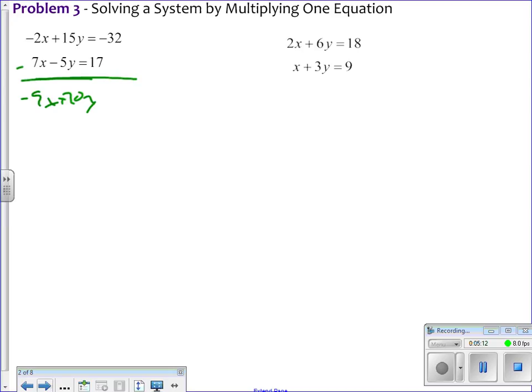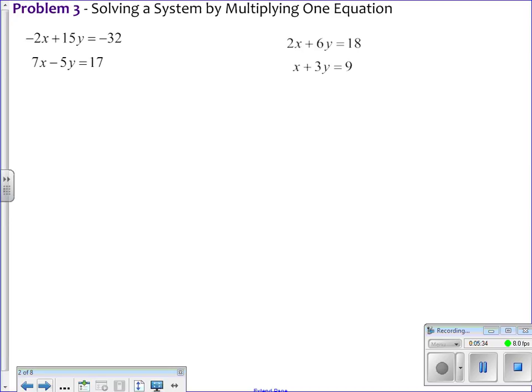Doesn't mean we can't do elimination. Doesn't mean we need to do substitution. And I'm going to tell you, substitution on this would be really bad. Because if I solve for x or y in either one of these, I've got some nasty fractions, and you don't want to do that. I can still do elimination.